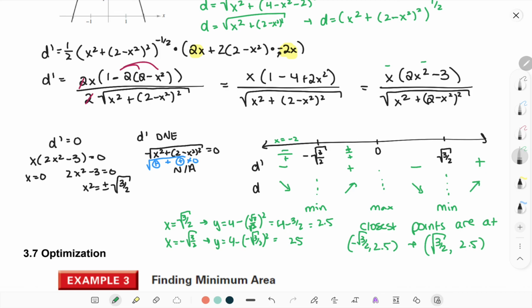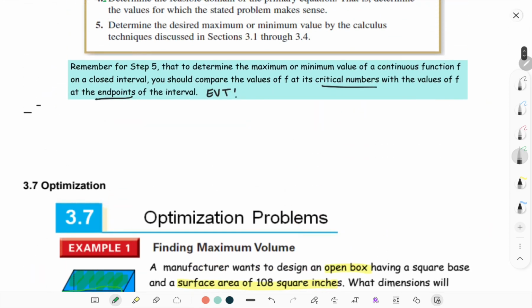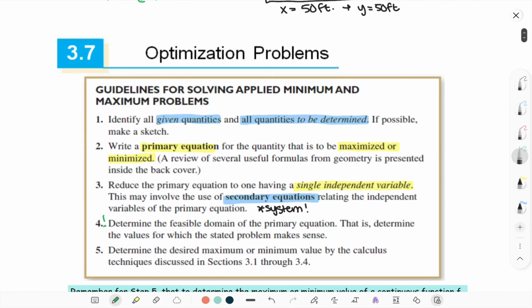All right, so quick recap. Again, with these optimization problems, step 1, think about what you're trying to be maximizing or minimizing. Step 2, use the secondary information you have to make yourself an equation with less variables, less unknowns, right? Make a system. And then lastly, you're finding those maxes and mins using our curve sketching techniques.